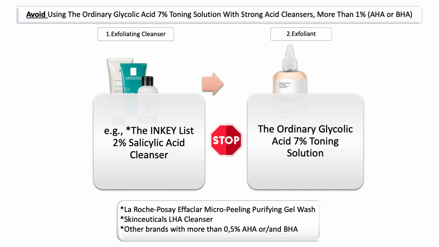So please do not use any of the strong acidic cleansers in the same routine when using the glycolic acid toning solution. I picked a few examples, such as the Inkey List 2% salicylic acid cleanser, or the La Roche-Posay Effaclar micro-peeling cleanser, or the SkinCeuticals LHA cleanser.